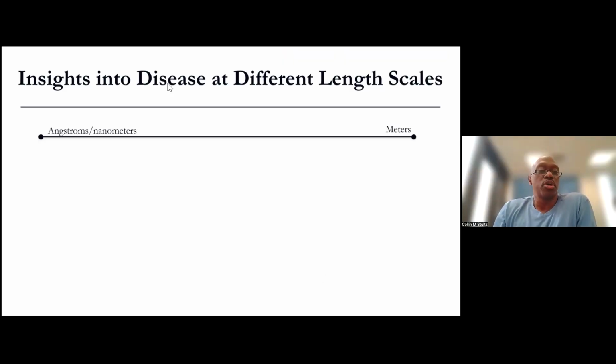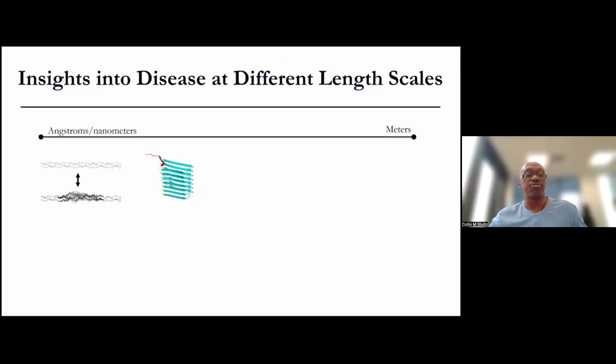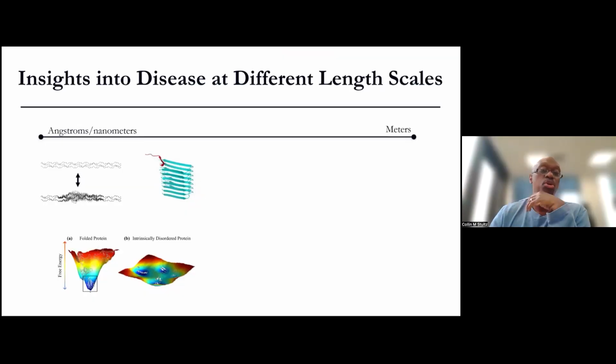So we started out, I hope you can see my mouse. Yeah, so we started out looking at problems centered around very small length scales, angstroms, nanometers, and so forth. We looked at collagen, protein folding, all with the use of computational models and how that influenced disease, and did a lot of work looking at folding landscapes and intrinsically disordered proteins.